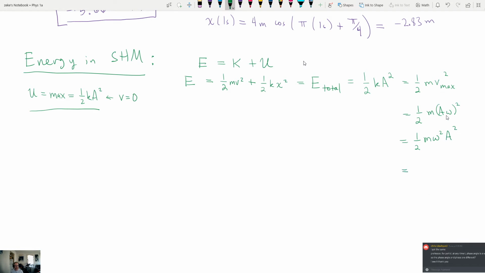If I plug in for v max A times omega, then I'm going to get A squared omega squared, which is 1/2 m times omega squared. But what's omega equal to? Well, omega squared was equal to k over m. So whether we use v max or whether we use x max, it doesn't matter. The total energy is always given by just 1/2 kA squared.